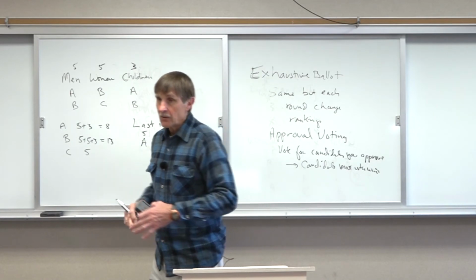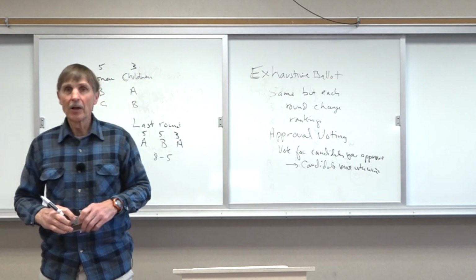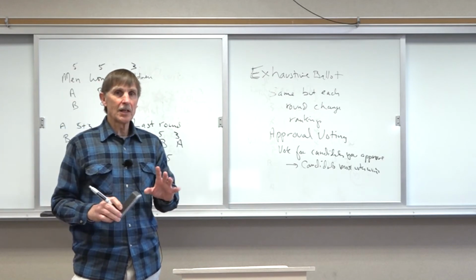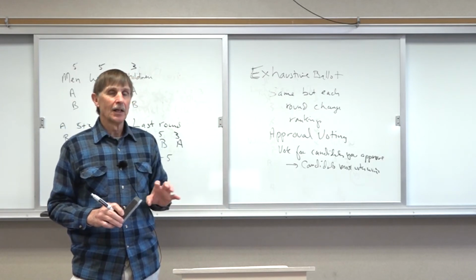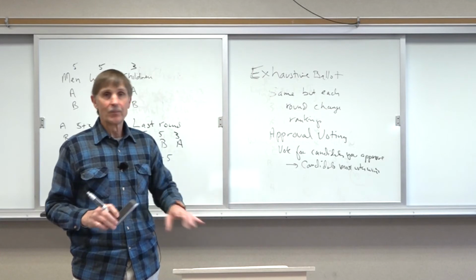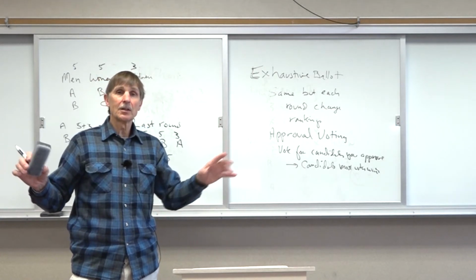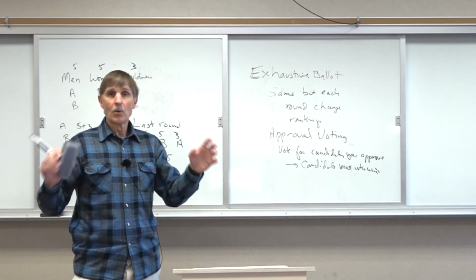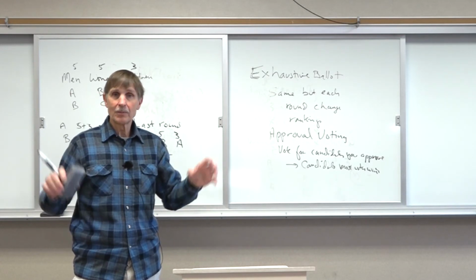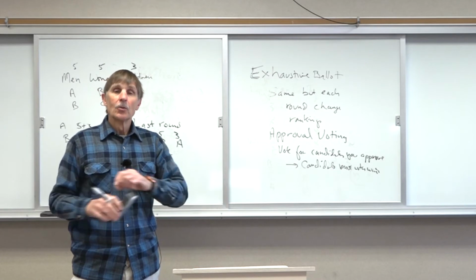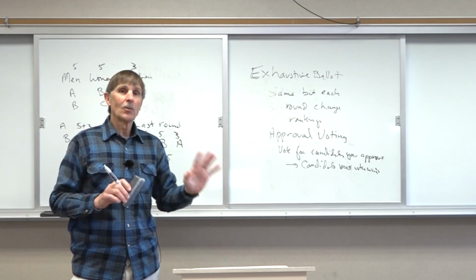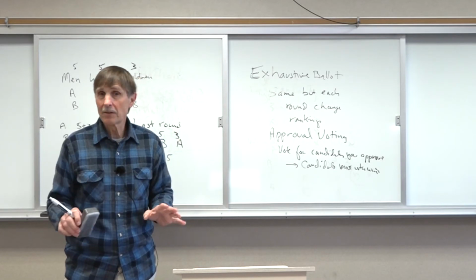So that's pretty simple. Let's say you really didn't like Bernie Sanders, and you had all those candidates that were running at the beginning, Elizabeth Warren and everybody else, Joe Biden, et cetera. You could say, I really don't want Bernie Sanders, but I'm okay with the rest of them.